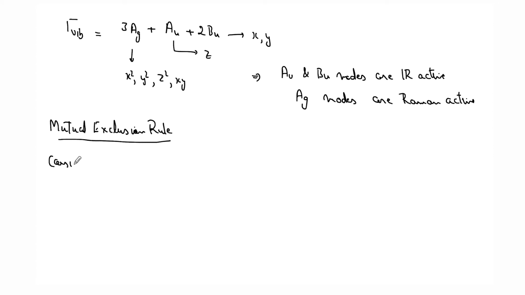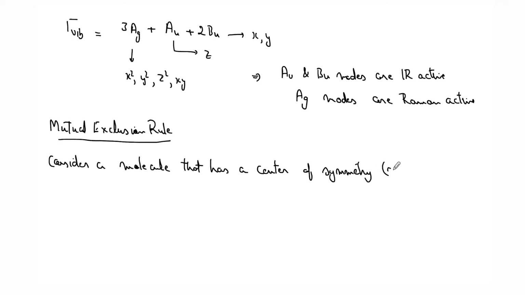This is the last principle, and then we'll wind up this course. So I'll say consider a molecule that has a center of symmetry. If you notice, the molecule which we discussed, N2F2, has a center of symmetry i, or we can say inversion center.